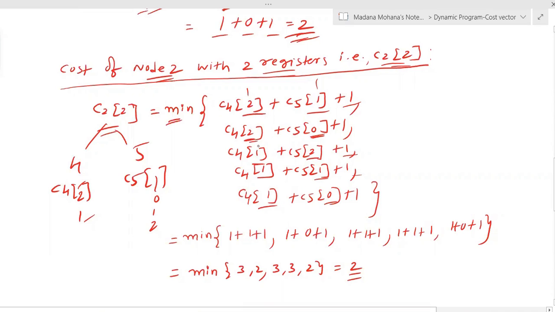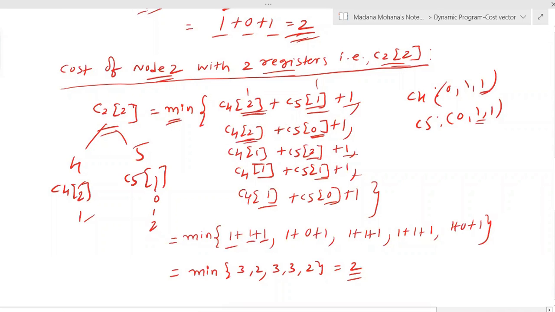Now substitute all these values from the above cost vector. So you are having C4 cost vector 0, 1, 1. Then C5 also 0, 1, 1. Now you can see. So C4 of 2 registers means the third one, that is 1. Then C5 of 1 register is 1, plus 1 is common.